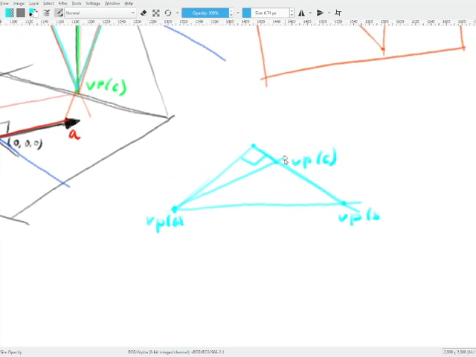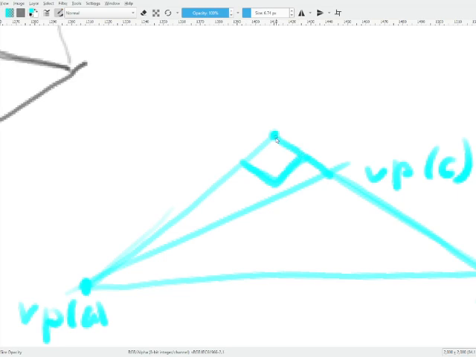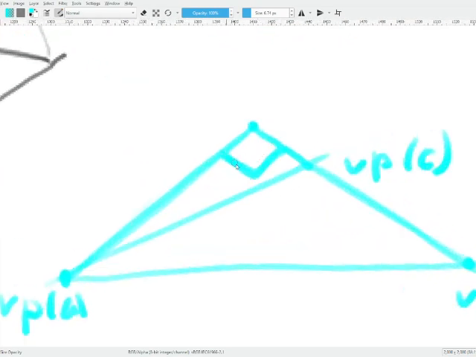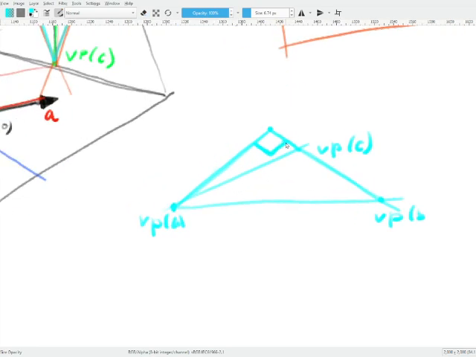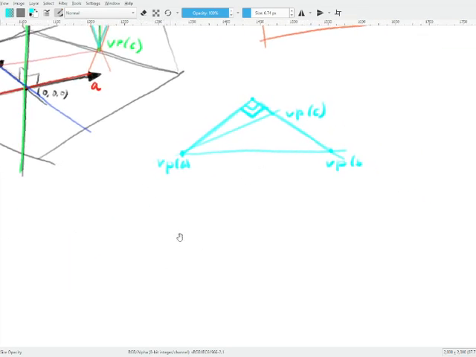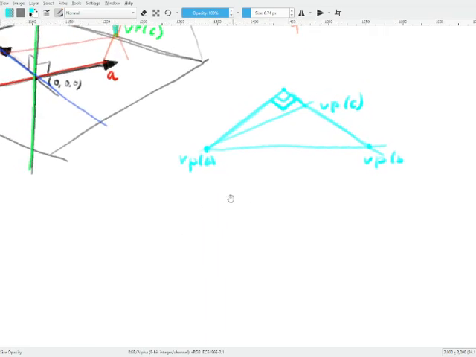And as we already explored how viewer position and orthogonal vanishing points are related, they have a right angle here. So we have three right angles.